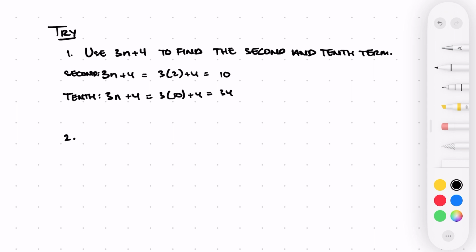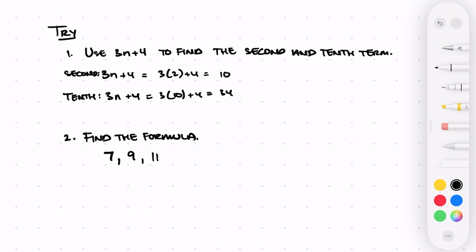Another example is sometimes you have to find the formula. So find the formula for the sequence that goes, let's say, 7, 9, 11.